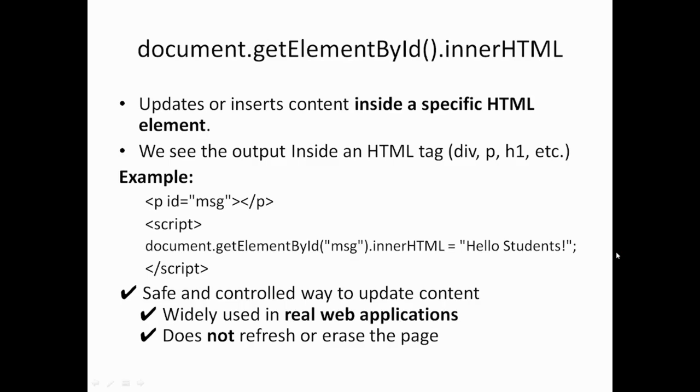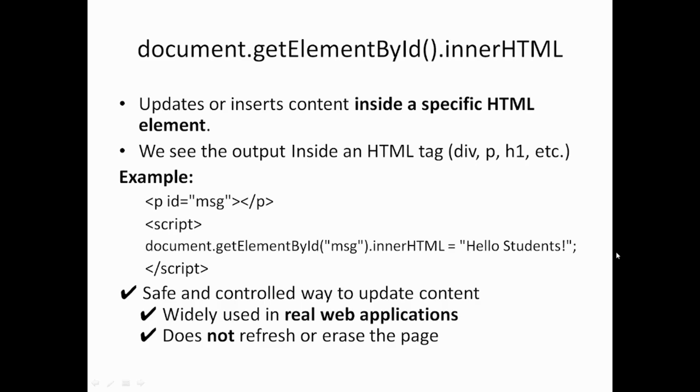document.getElementById.innerHTML is another output statement, which updates or inserts content inside a specific HTML element by looking up the element ID. For example, there is a paragraph element P with ID message, and in the script we write document.getElementById message.innerHTML equal to hello students.